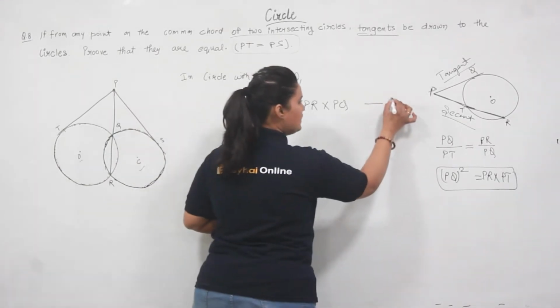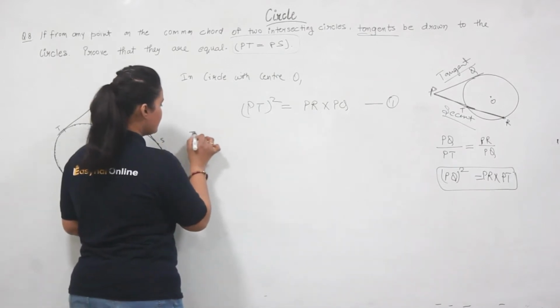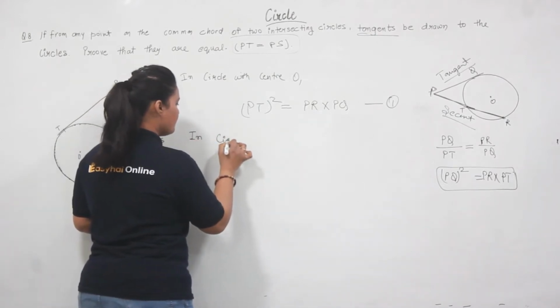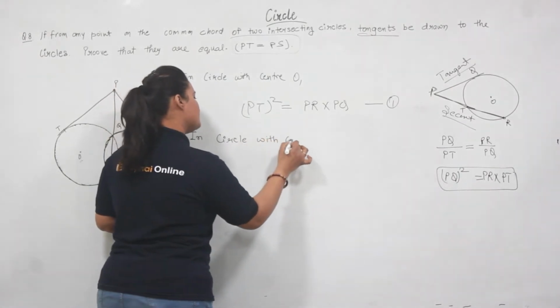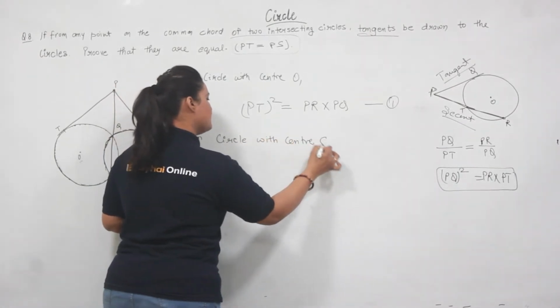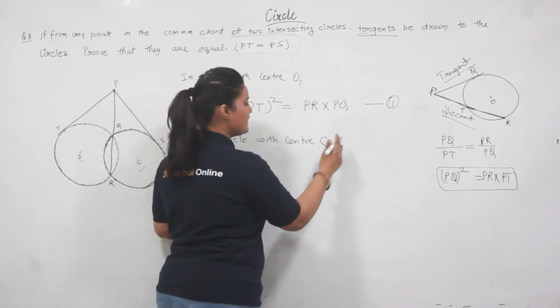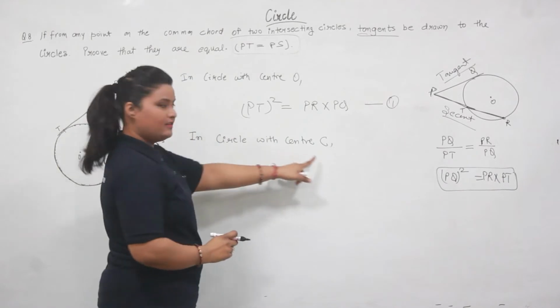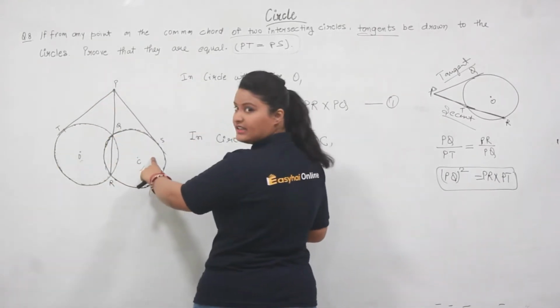This is my equation 1. Now in the circle with center C, again tangent square. What is the tangent on the circle with center C?